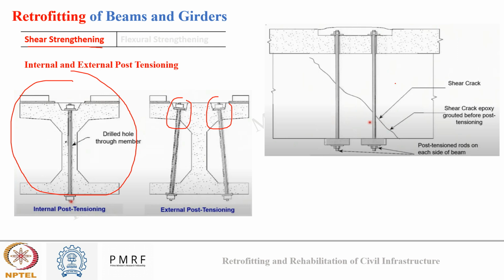In this second image, we can see external post tensioning being carried out after filling the existing crack with the epoxy grouting. So this was a shear crack. This crack was first filled with an epoxy grouting, and then through the beam and the external support, a post tensioning rod was installed and it was anchored from the ends.